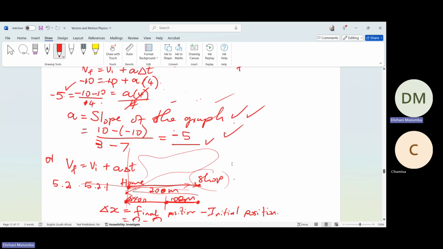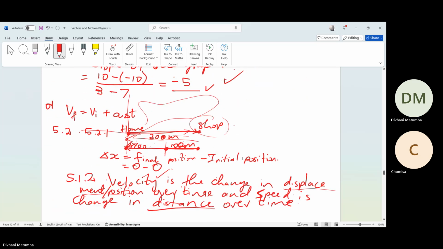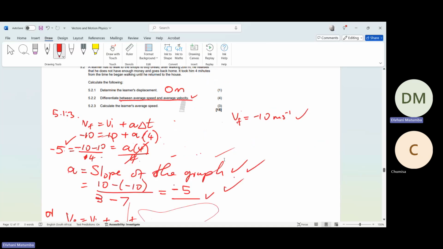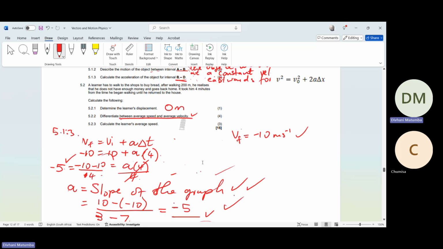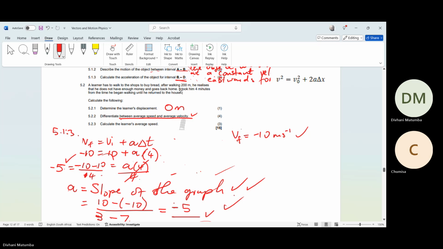Okay, now let us do the last question. They are saying calculate the learner's average speed. Kumisa, I'm going to give you 2 minutes to calculate the learner's average speed, because it took him 4 minutes from the time he began walking until he returned.